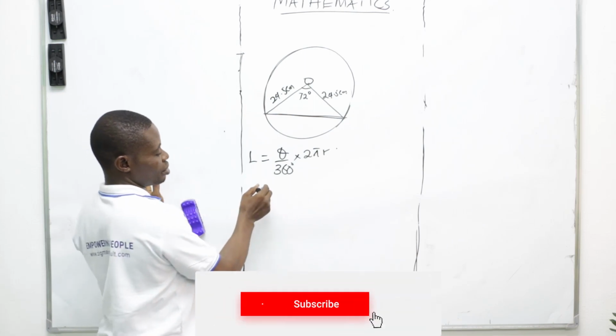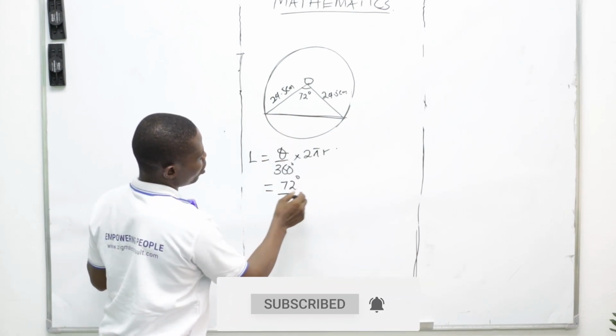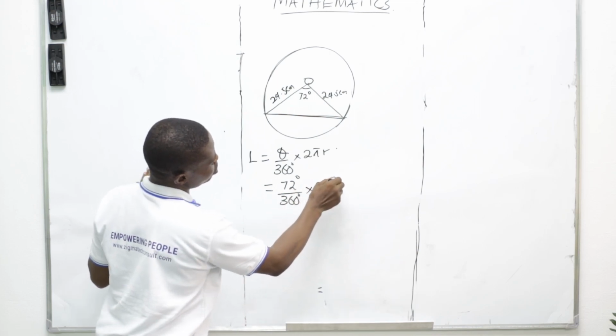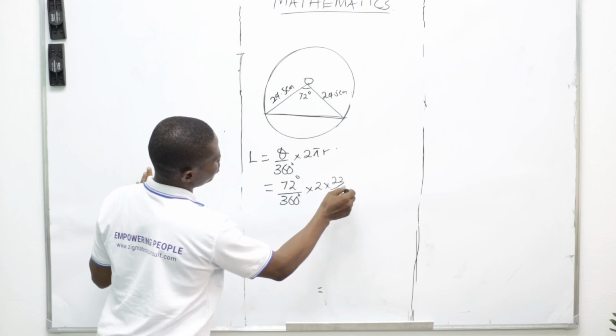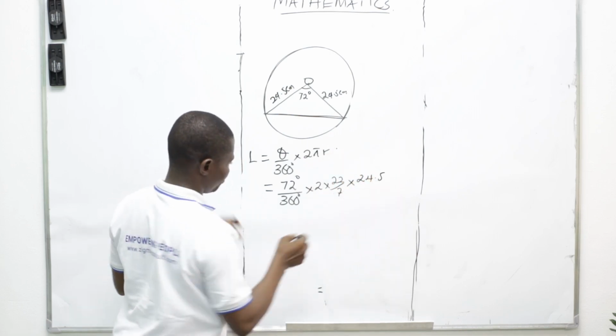It's very easy to say that theta here is 72 all over 360 multiplied by 2 times 22 over 7 multiplied by the radius 24.5.